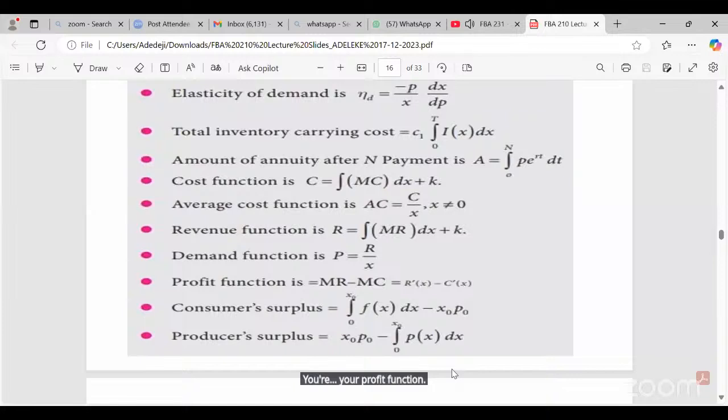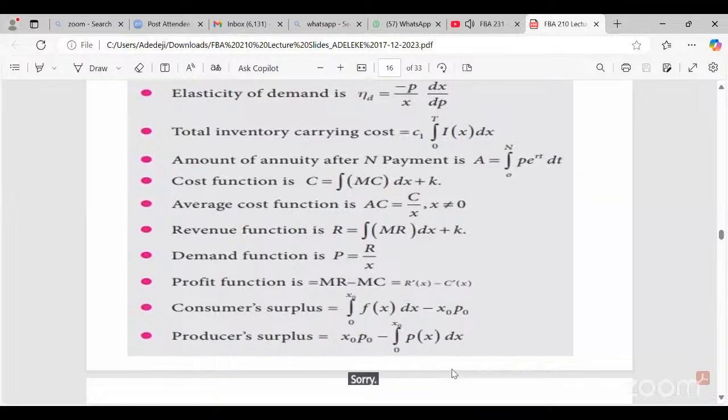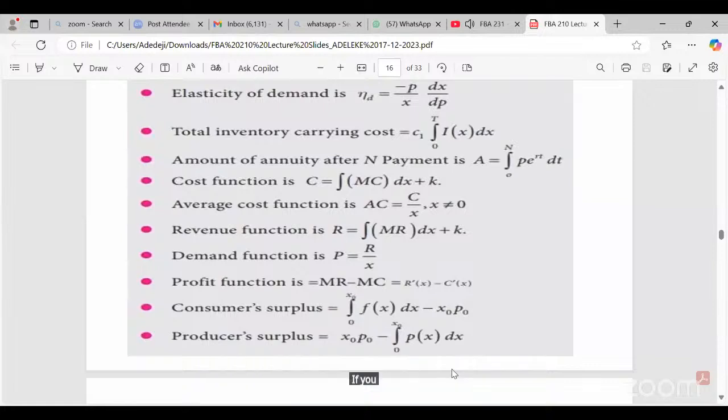Of course, your profit function is the difference between, sorry, total revenue and total cost. So you know that if you are able to get the marginal revenue, you can integrate to get the total revenue. Same for cost. If you have information about the marginal cost, you can easily get the total cost.